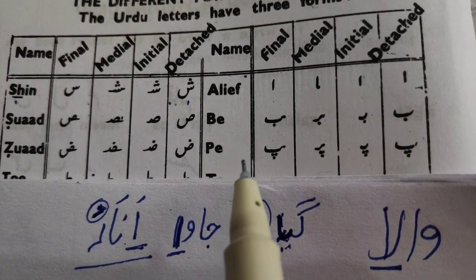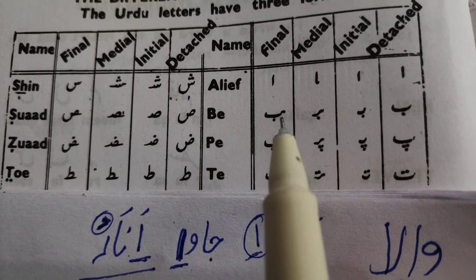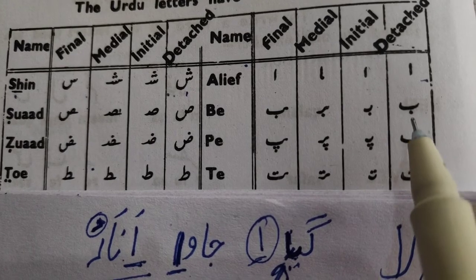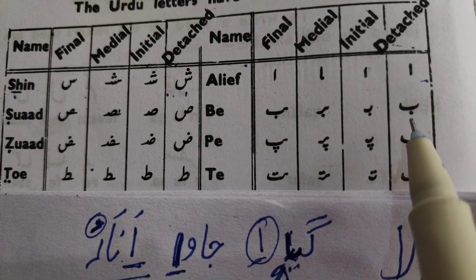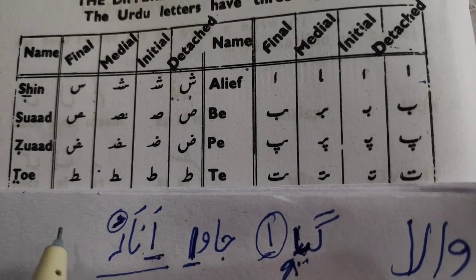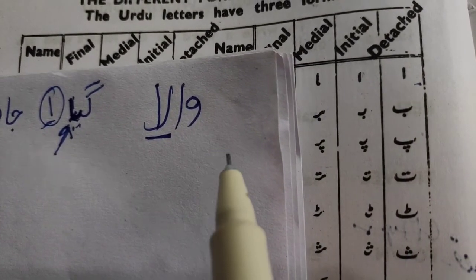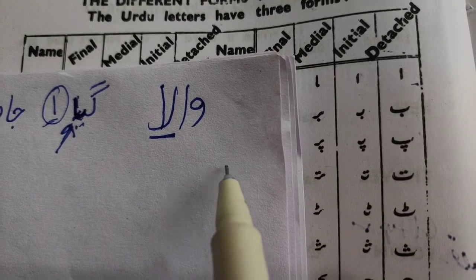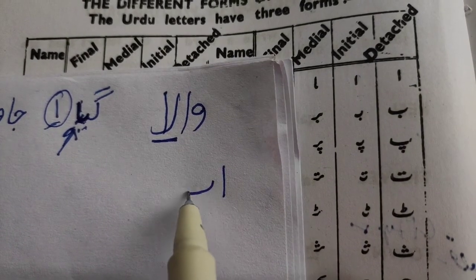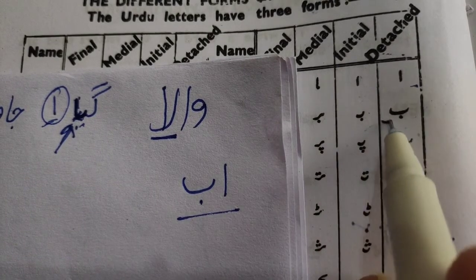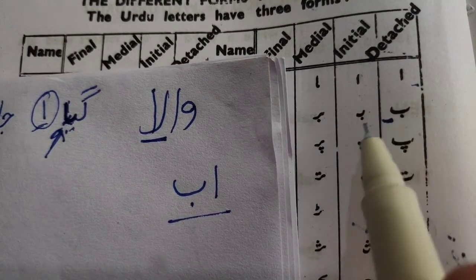Now the bay in final. It starts from this bay when it's alone. Like when you write ab, alif and bay, this is ab. And here the bay looks like alif, detached.